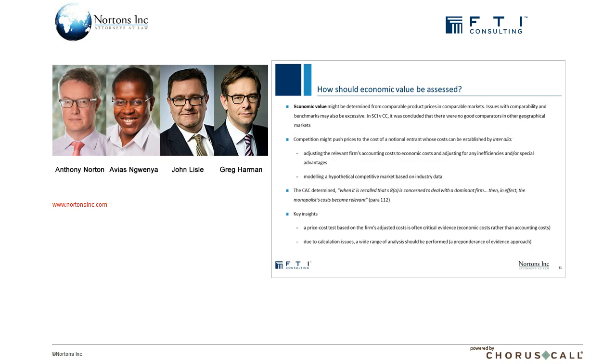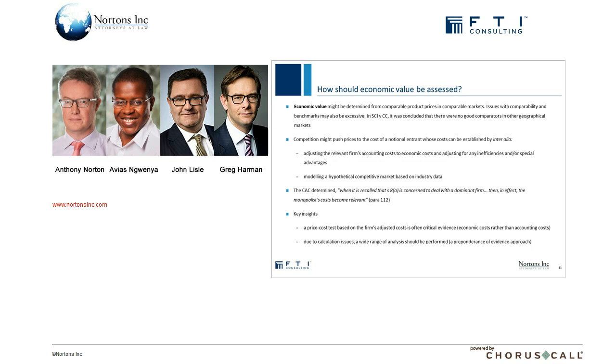Now, why would you try to do that? You try to do that because in Mittal, we said that prices would be driven down to costs in a competitive market, in a notionally competitive market. So if you want to understand what prices might look like in a competitive market, you have to have a competitive market as your starting point. But obviously, by its nature, when we're looking at excessive prices, we don't have that position.